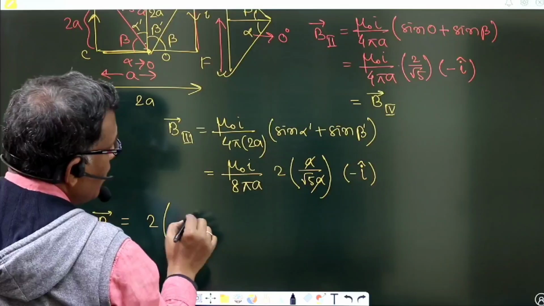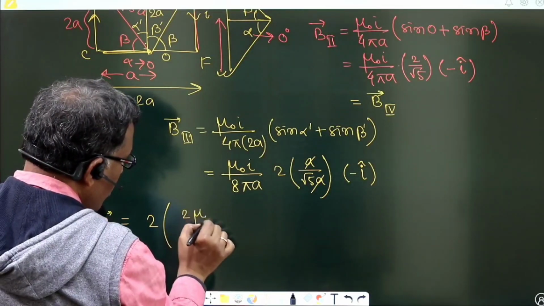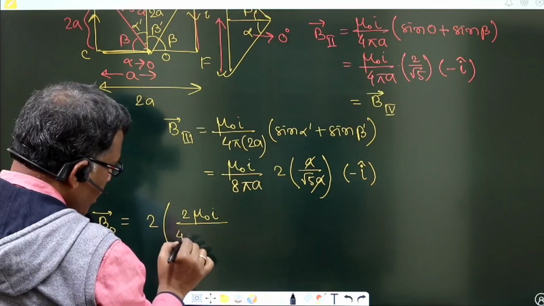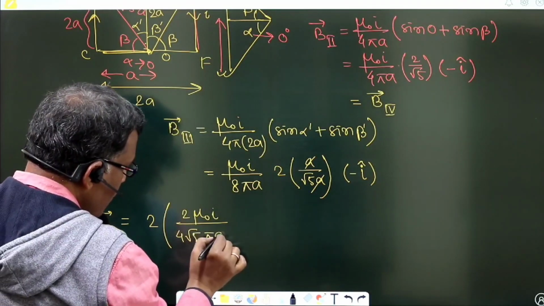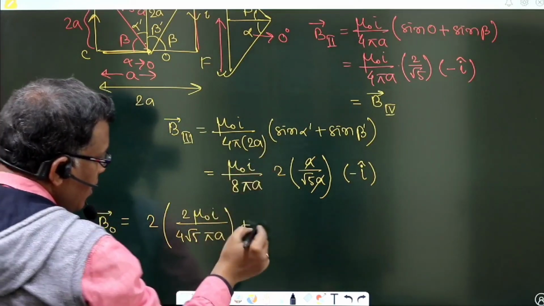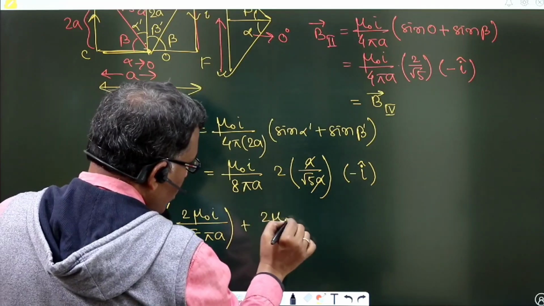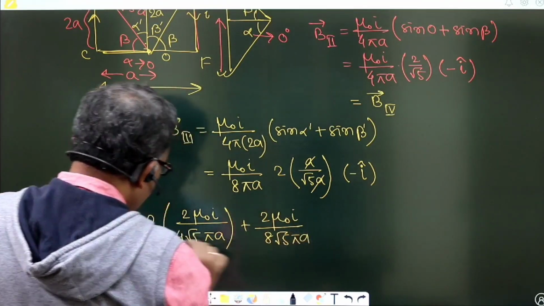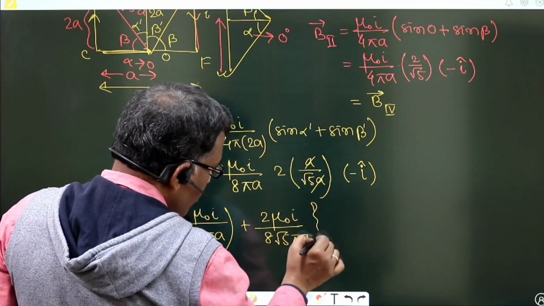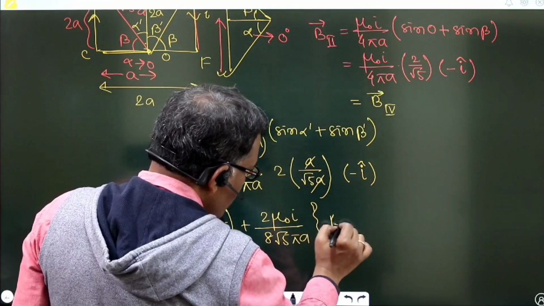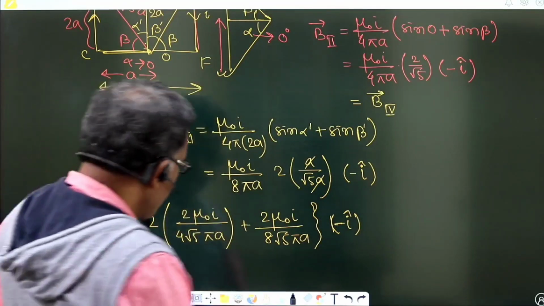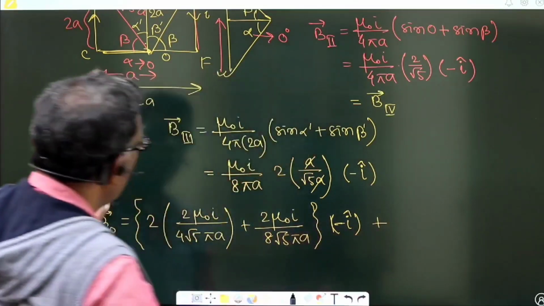That is 2 mu naught I by 4 root 5 pi A, plus this one, 2 mu naught I by 8 root 5 pi A. This is the total magnetic field due to the three portions 2, 3 and 4, with direction minus i plus 2 out of 5.